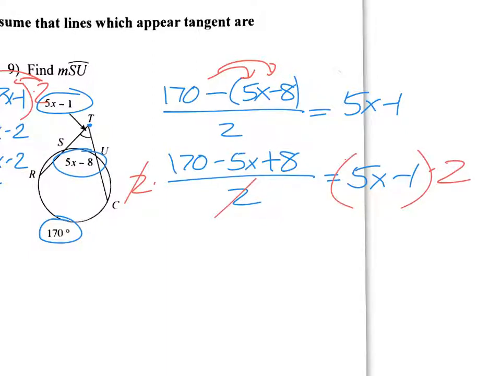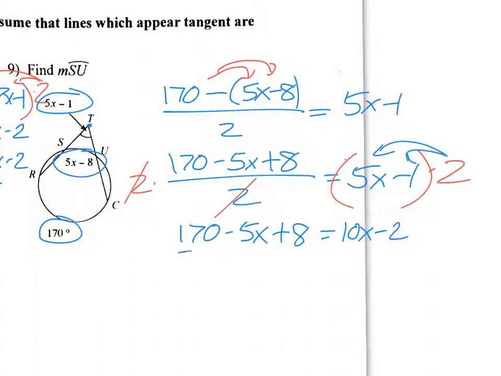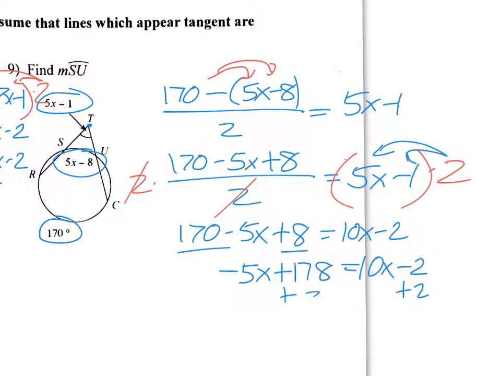So I get 170 minus 5x plus 8 equals 10x minus 2. Combine those, that's negative 5x plus 178 equals 10x minus 2. So I'm going to add 2. So that's negative 5x plus 180 equals 10x. Add 5x.